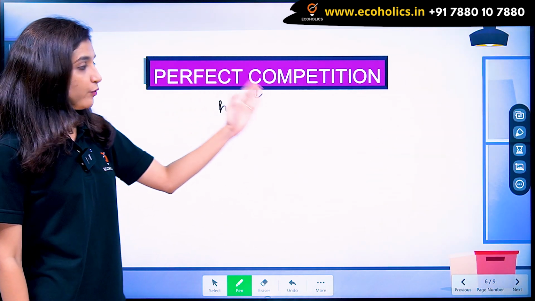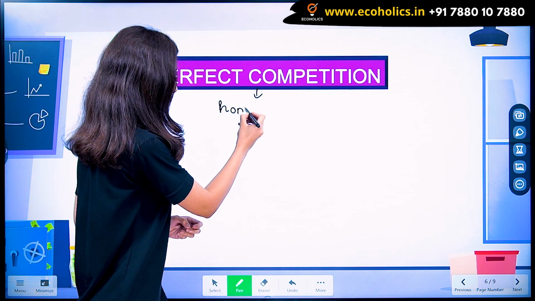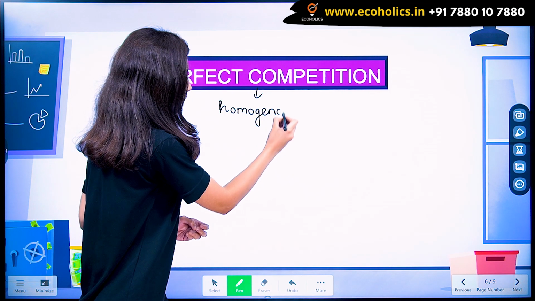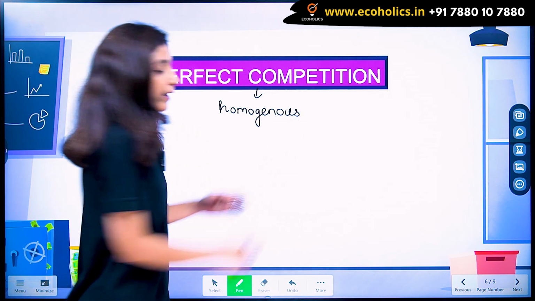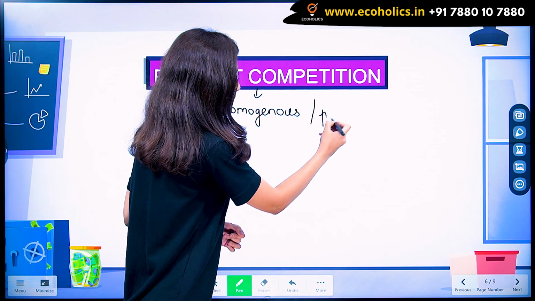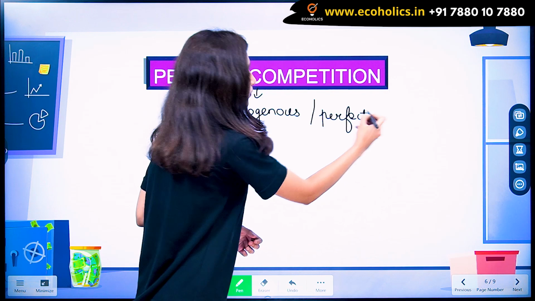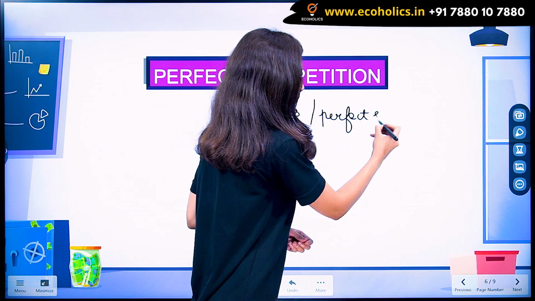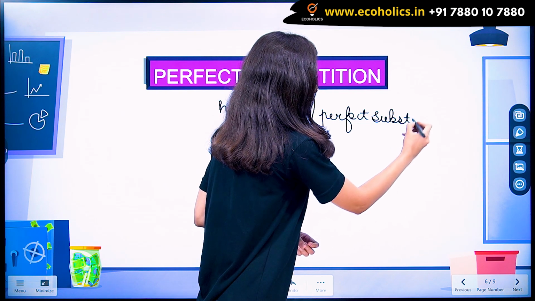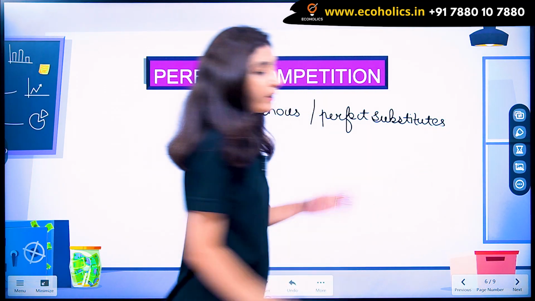In case of perfect competition, the products are homogeneous, and obviously they are perfect substitutes. So, the products are perfect substitutes of each other.